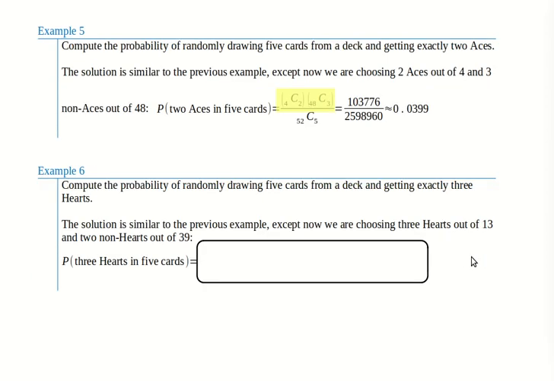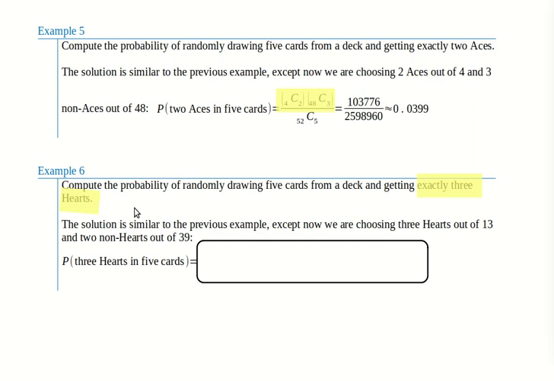Our last example is very similar, but now instead of talking about aces, we're talking about hearts. So in this question, it says, compute the probability of randomly drawing 5 cards from a deck and getting exactly 3 hearts. So remember that there are 4 suits and there are 13 of each suit.